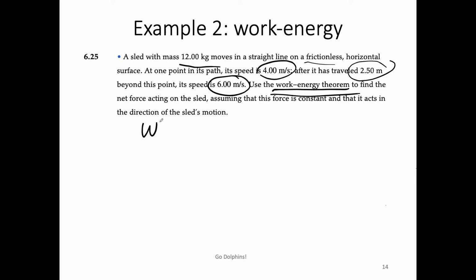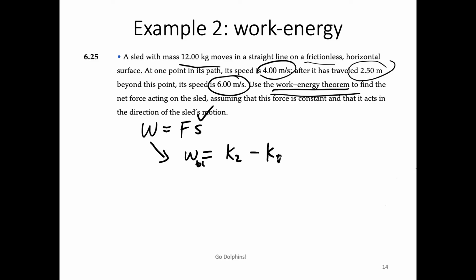So work is force times S, right? So we do know S. We don't know work yet, but we can find work by using the work energy theorem. The total work should be the change of kinetic energy.